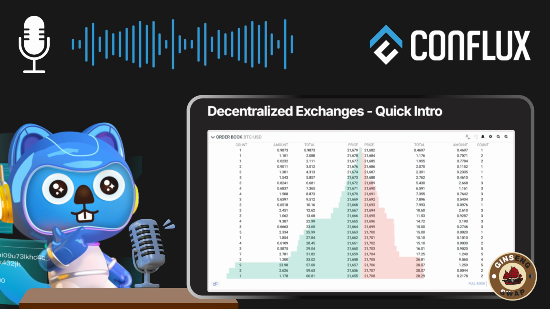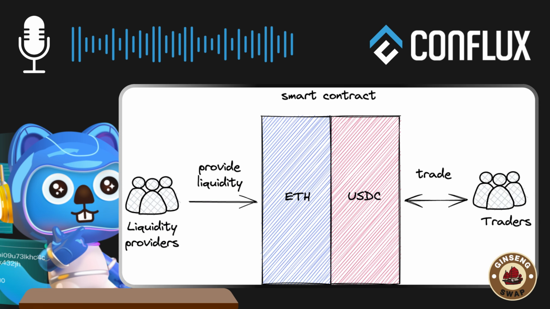A decentralized exchange is where you have a smart contract where, for the most part, anyone can provide liquidity. For example, in this pool here, it's a pool of ETH and USDC, and you provide tokens of ETH and USDC so that when people swap, let's say ETH to USDC, they're depositing ETH into the pool and taking out USDC.